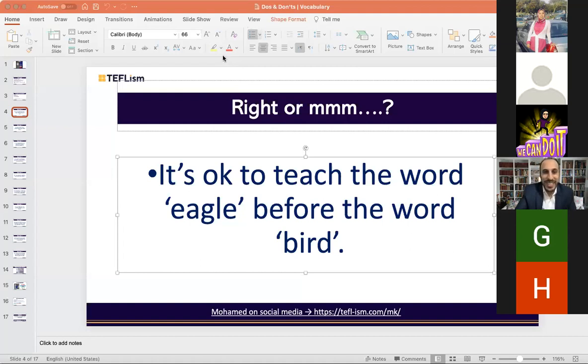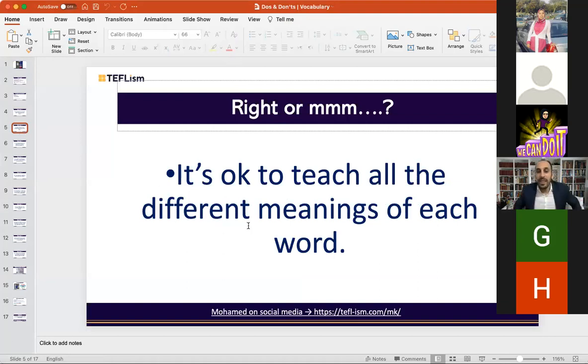Okay, good. So let's move on to another point. It's okay to teach all the different meanings of each word in the lesson. Fine or not?